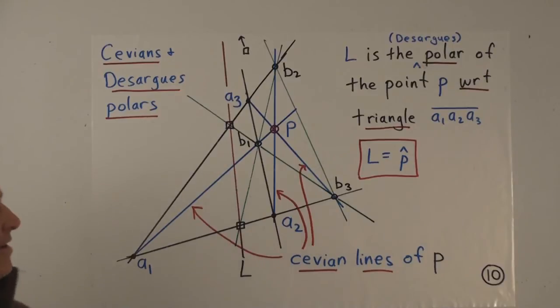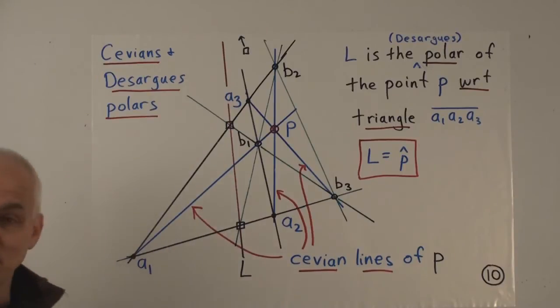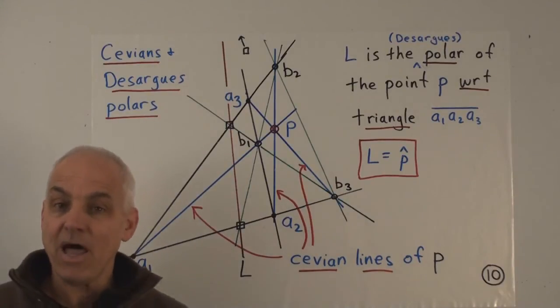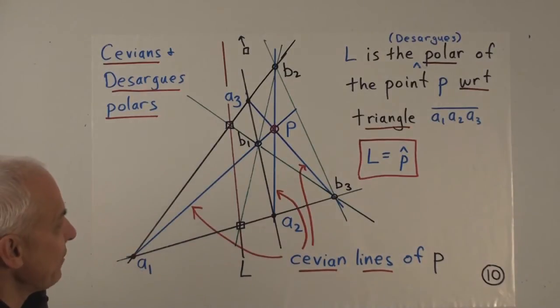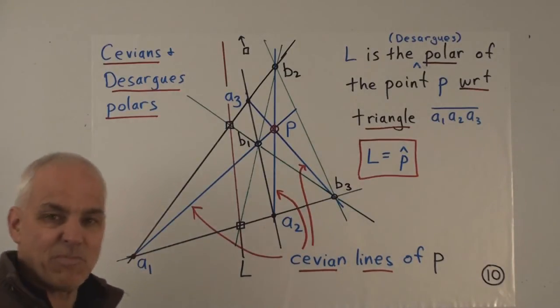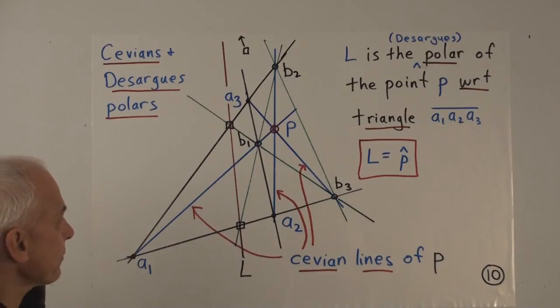So, Desargues' theorem tells us that these two triangles, A1, A2, A3, and B1, B2, B3, must be perspective from a line. What does that mean? Well, that means that if you look at corresponding lines of those two triangles, then they meet in 3 points which are collinear.